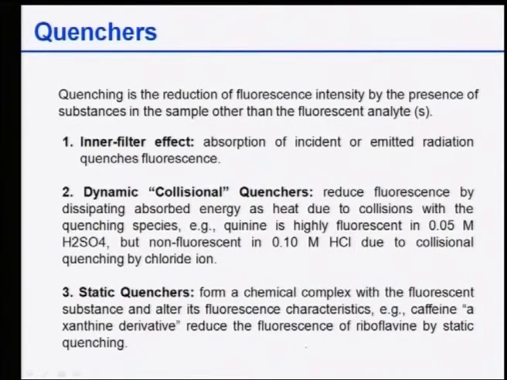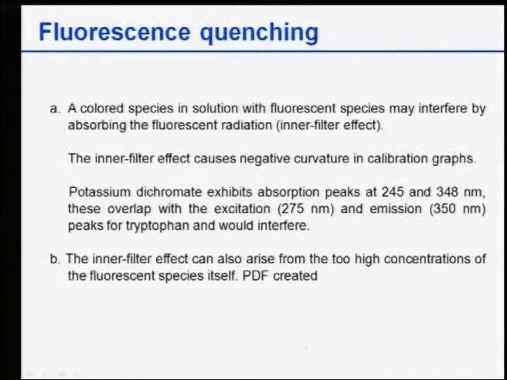You can also have static quenching, where we form a chemical complex with the fluorescent substance and alter its fluorescent characteristics. For example, caffeine, a xanthine derivative, reduces the fluorescence of riboflavin by static quenching. So, caffeine can form a complex with the fluorescent molecules.